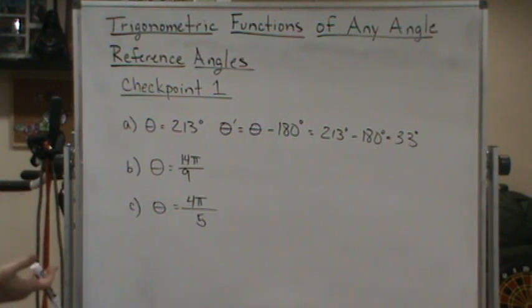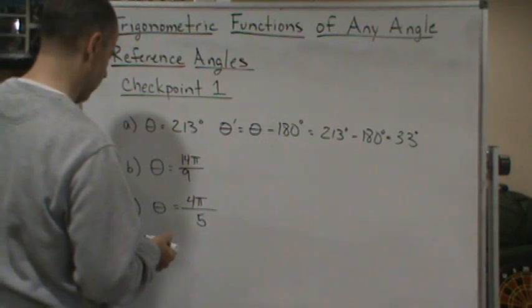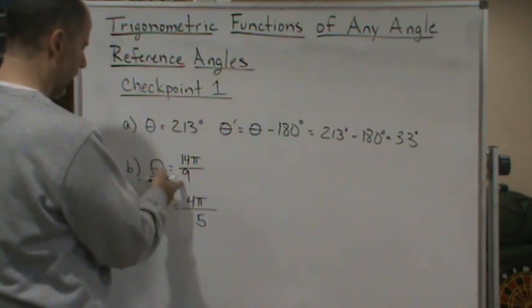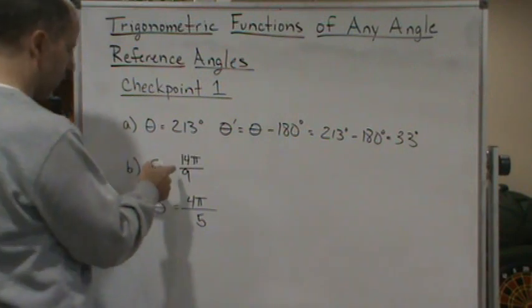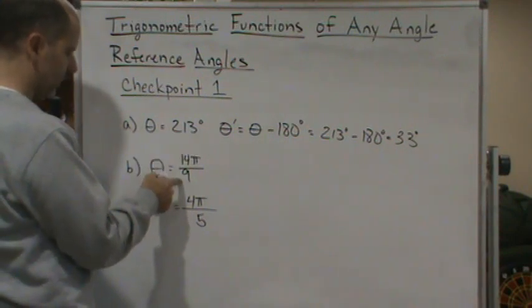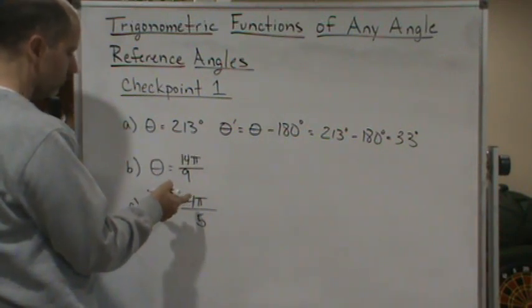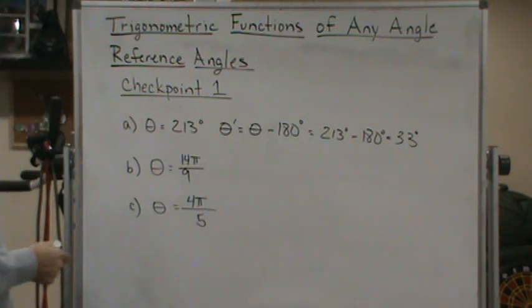So it's less than 2 pi, but it's bigger than pi, right? So it's bigger than pi, it's less than 2 pi. So this would have to be in the third quadrant.